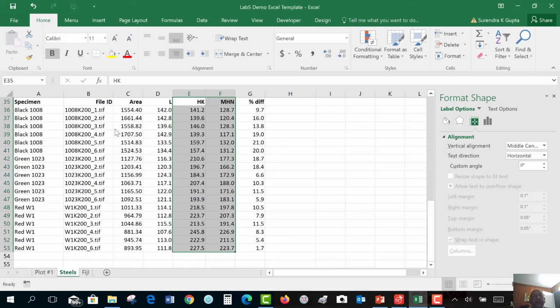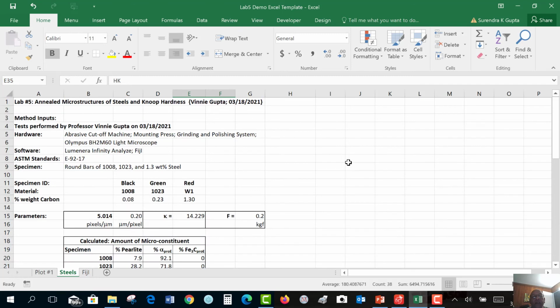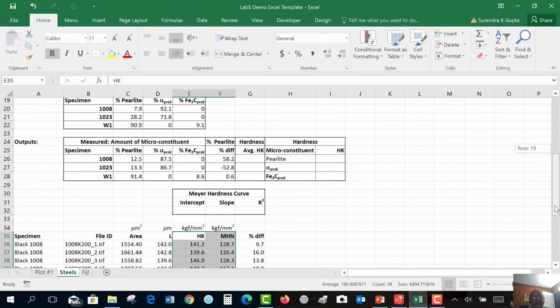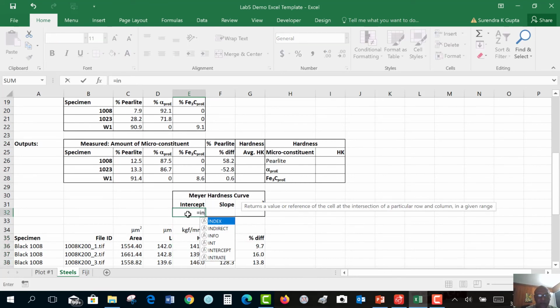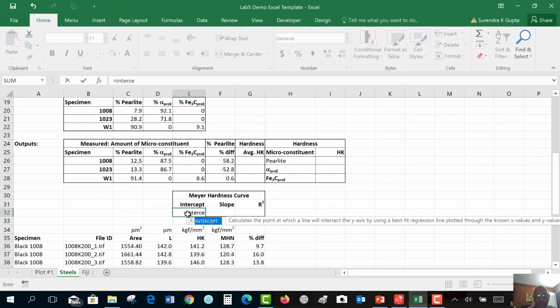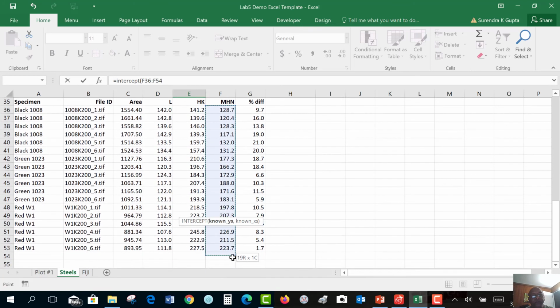So let's go ahead and calculate these. So we are going to say intercept is y values, comma, x values.